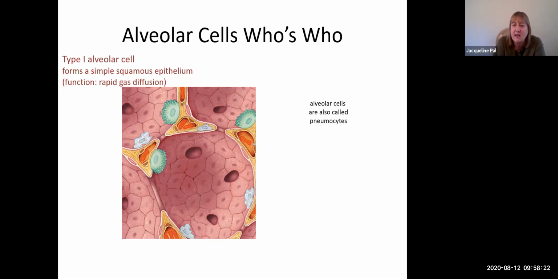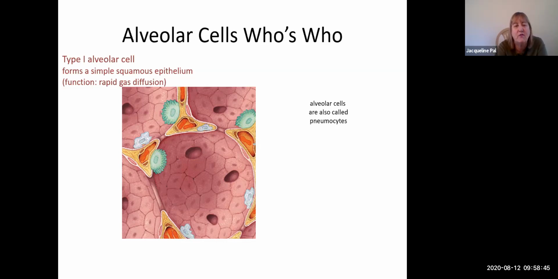Oh, fried eggs. Squamous epithelium, simple squamous epithelium. Because yes, your type 1 alveolar cells will be forming a simple squamous epithelium, but the name of the cell is not simple squamous epithelium. The name of the cell is a type 1 alveolar cell. And the whole function of this is going to be rapid gas diffusion, as we will see shortly.